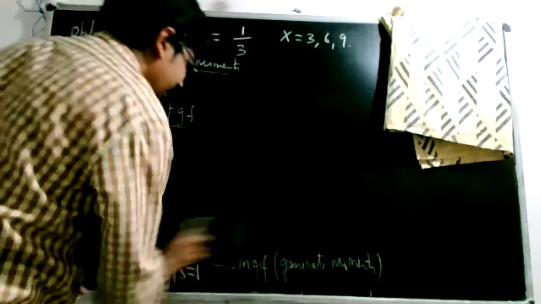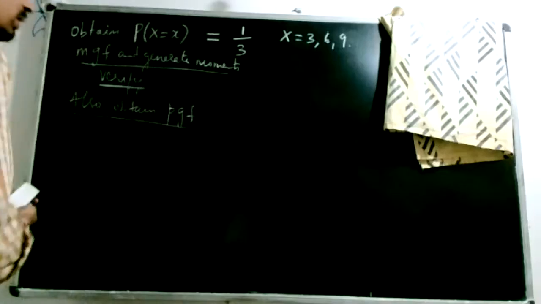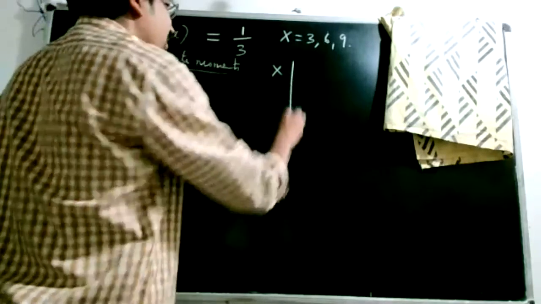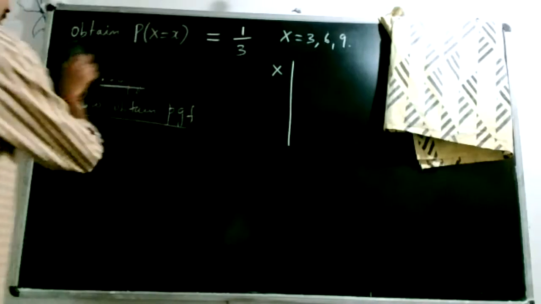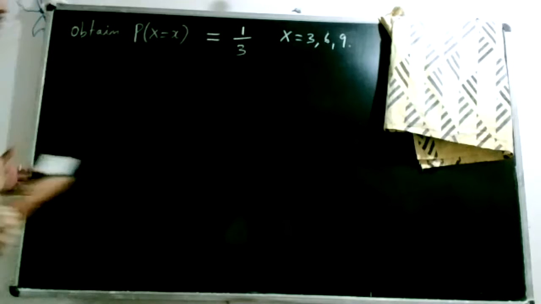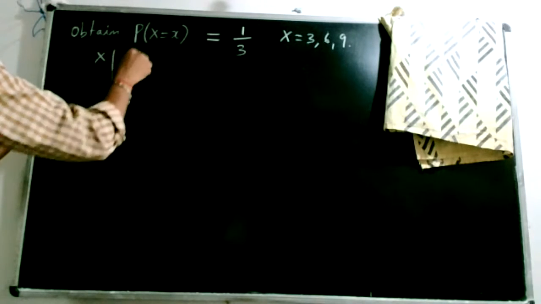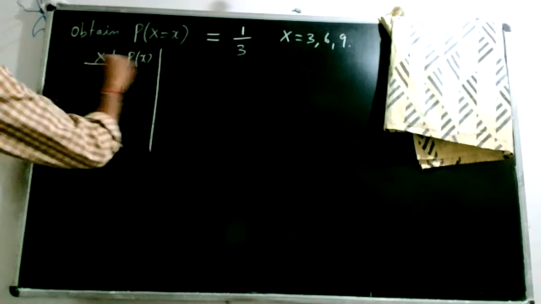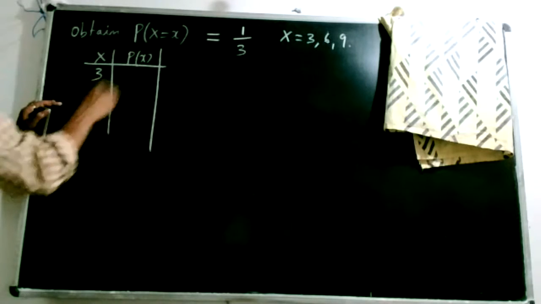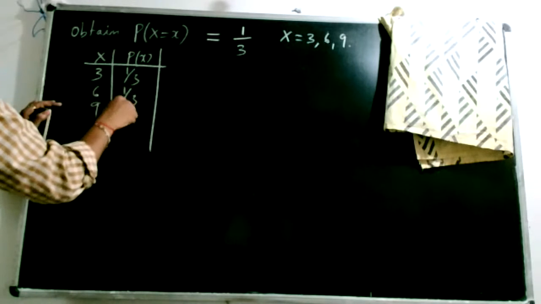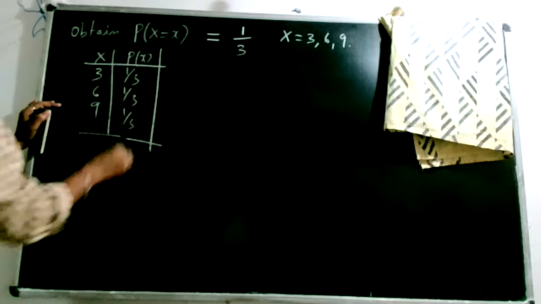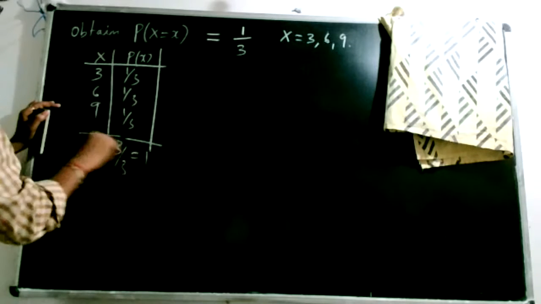Since it is a discrete case, we go in the tabular manner. My x values are 3, 6, and 9, and I have px values 1 by 3 each. The total comes to 3 by 3 equal to 1.